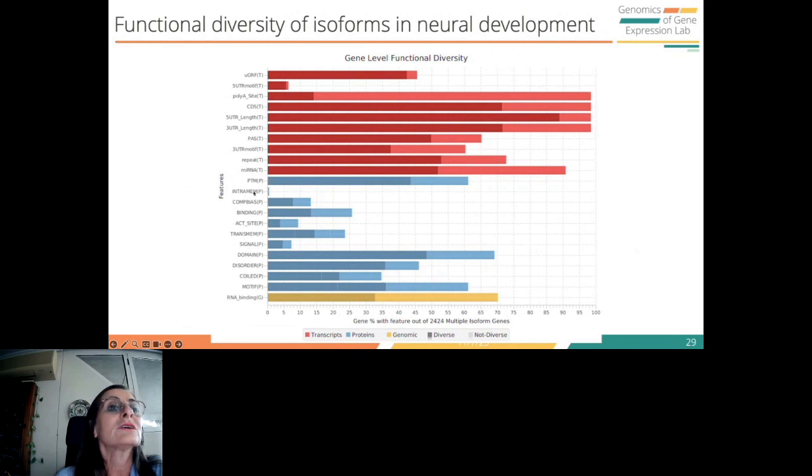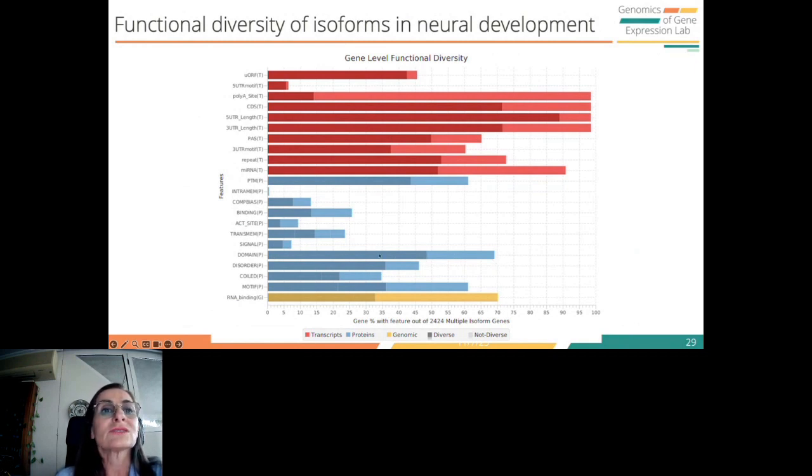For example, this one is PFAM domains. We were able to annotate like 70% of the genes. And then the darker color indicates how many of these genes had transcripts or isoforms with different annotations in this database. That was around 70% of these 70%, so a majority.